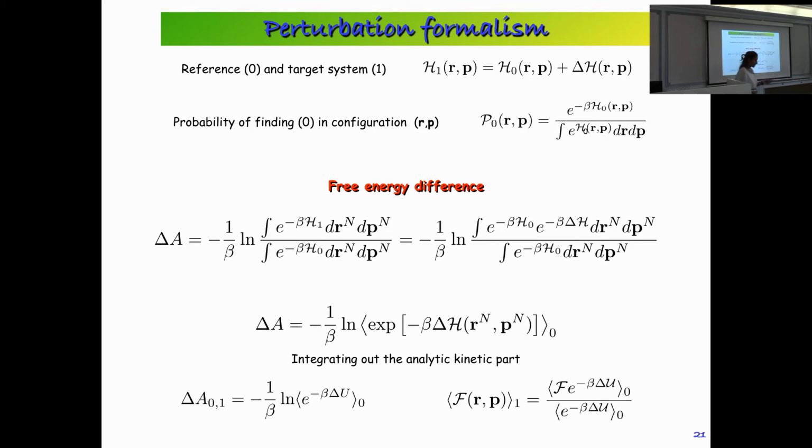What this means is that you do the molecular dynamics simulations with H0, and at each configuration that you obtain, you calculate delta H. So you have the coordinates and the momenta obtained with H0, and there you calculate H1 so that you obtain delta H, the difference.